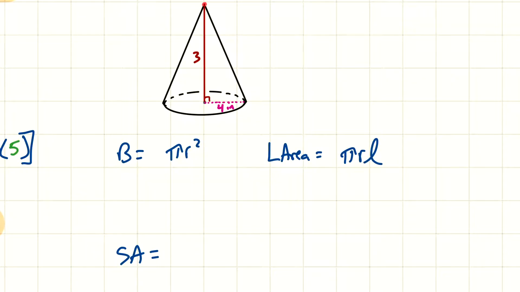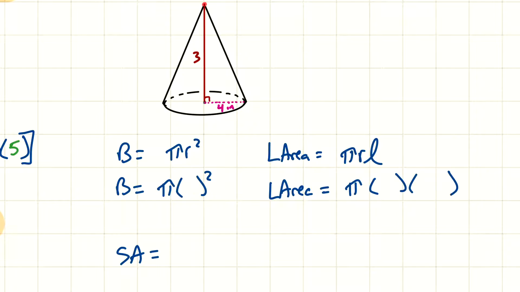I already have the formulas written here because obviously it's new for us. But if I'm going to calculate this, I need to know what the radius is, and I could plug that in and calculate that. And then lateral area as well. I'm looking to multiply radius and slant height.